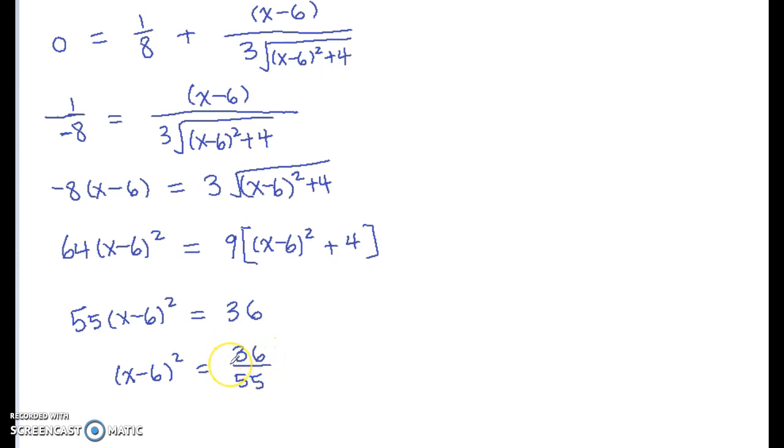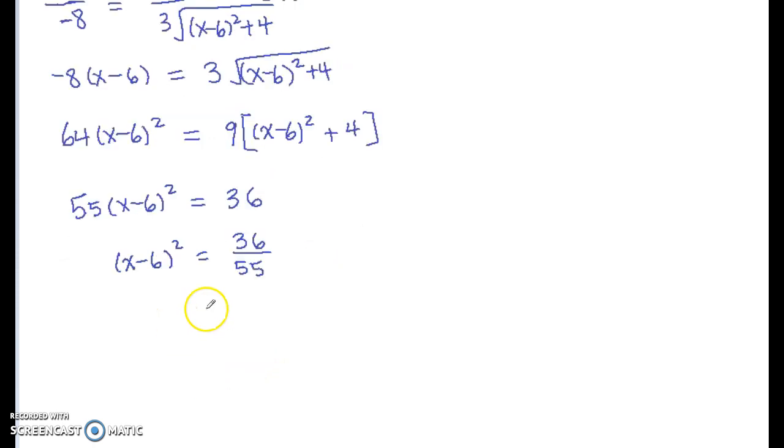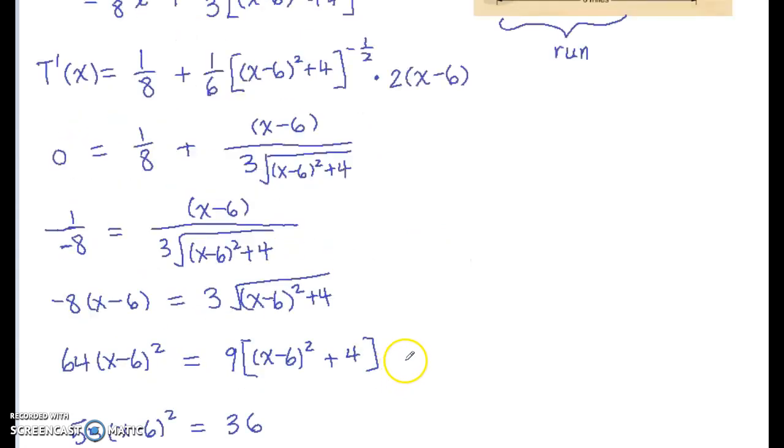Now, in order to solve for x, you can still expand it and solve it as a quadratic, but since it's already in the power form, we can just take the square root of both sides. When you take the square root, there are two numbers whose square equals 36 over 55. So x minus 6 equals plus or minus 6 over the square root of 55.